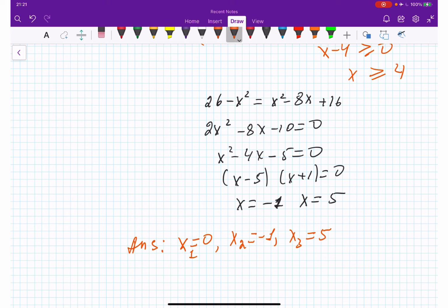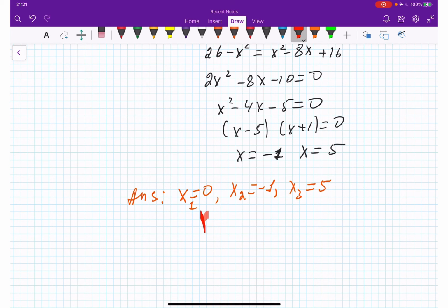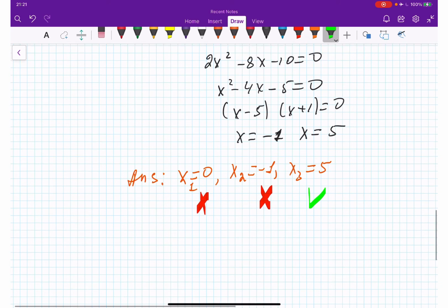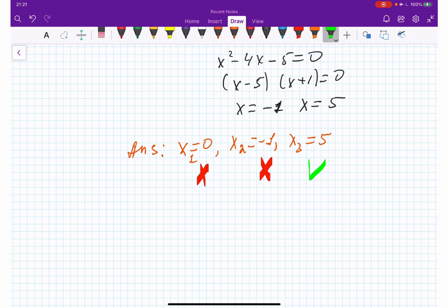So if we look at the 0 and negative 1, our condition is x has to be greater than 4, right? Which means these two are falling out, and the only solution is x is equal 5. Let me clean this up, and I'll put right here answer is equal 5.